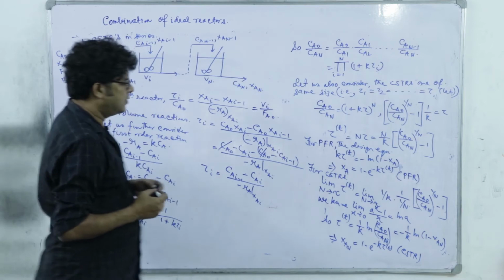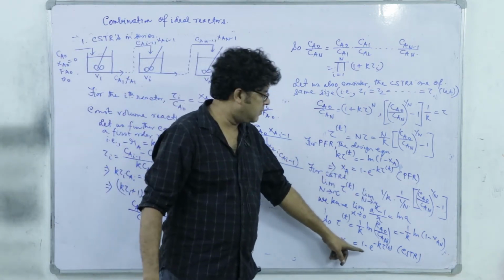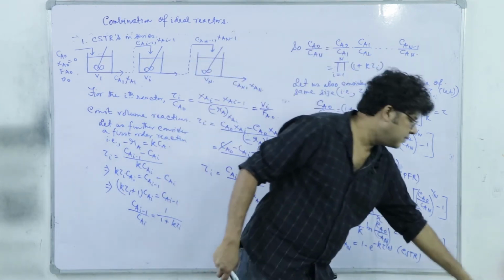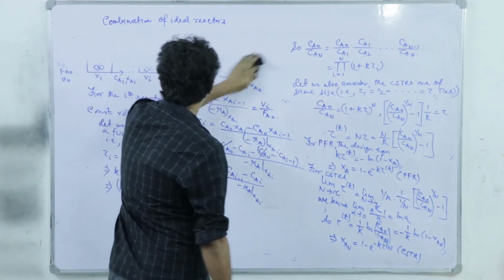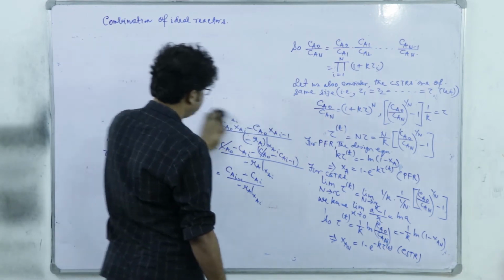So our conclusion is that an infinite number of CSTRs for a positive order, first order reaction is going to give us the same performance as that of a single PFR, right.